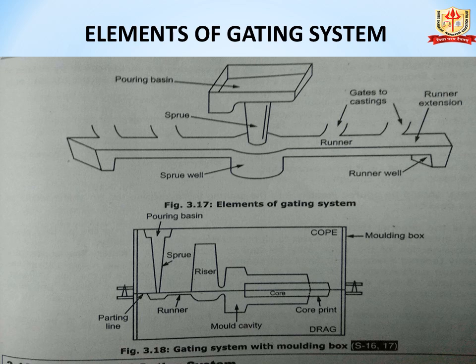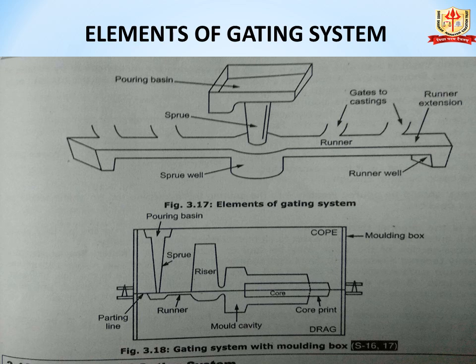Pouring basin acts as a reservoir for molten metal, from which it moves smoothly into the sprue. Second part is sprue. Sprue is the channel through which the molten metal is brought into the parting plane, where it enters the runners and gates to ultimately reach the mold cavity.